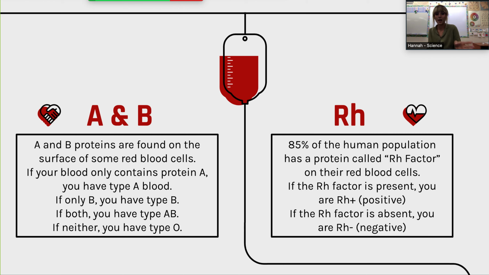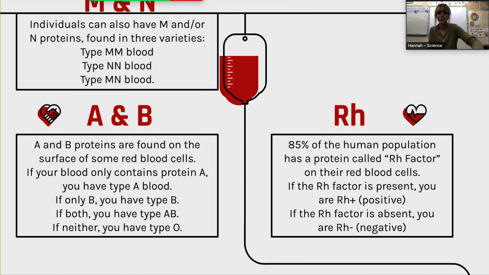So if I was type O positive, that means I did not have the A or the B proteins, but I did have the Rh factor. If I was AB negative, that means I have both the A and the B proteins, but I do not have the Rh factor. Does that make sense? We'll have a chance to work with that a little bit more.